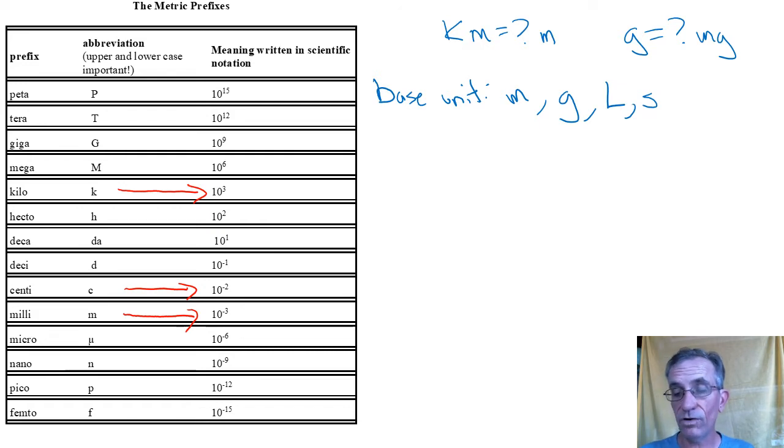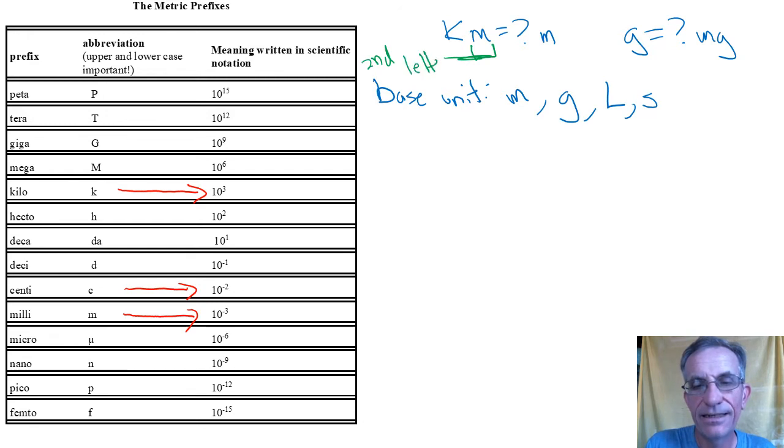Those are our base units. Now, in this, we're also going to see metric prefixes. They also have one-letter abbreviations. So if you see two letters, the base unit is going to be the second letter. The first letter is the metric prefix if there's two letters.